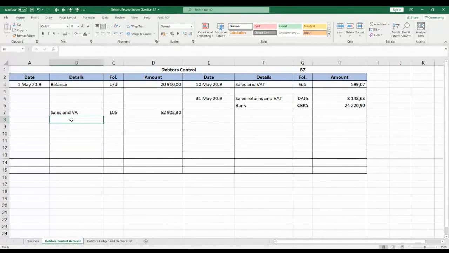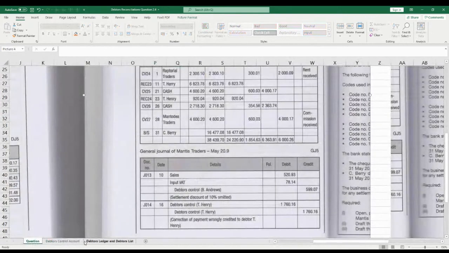Now, your textbook did not show it because it's an in and an out, so they just left it off. But you can also show it in here and just say debtors control. And then you just capture the amount, it was 1,760.